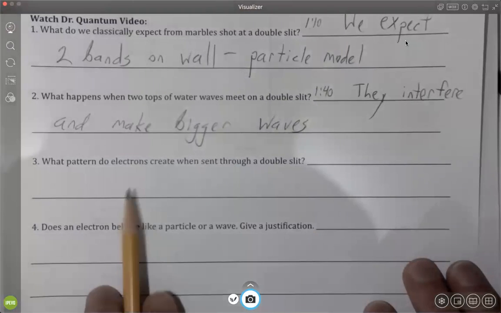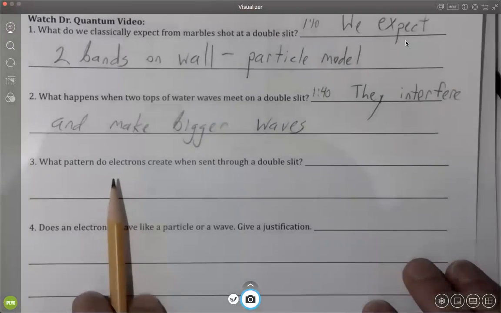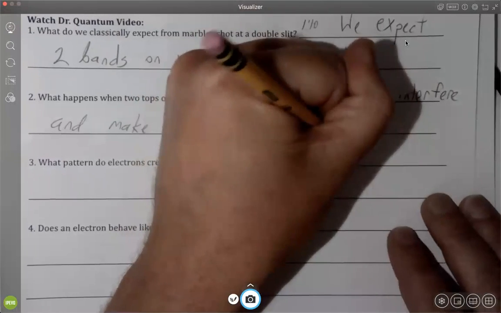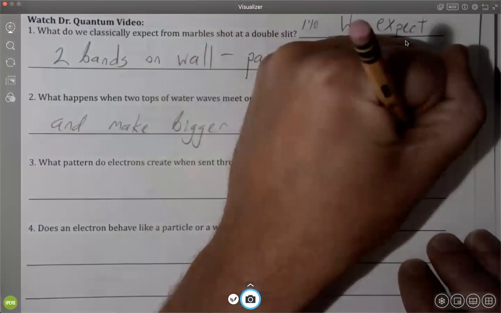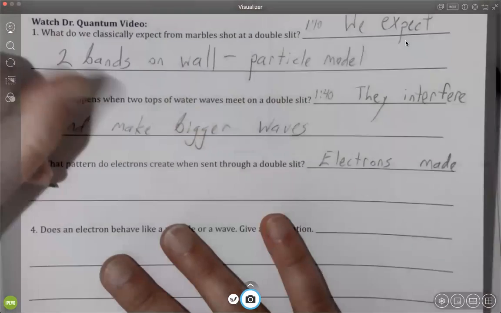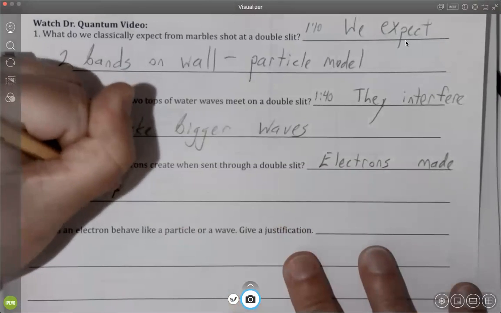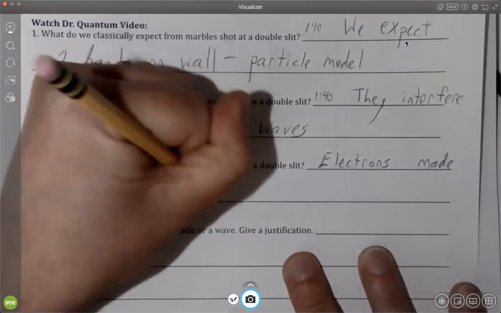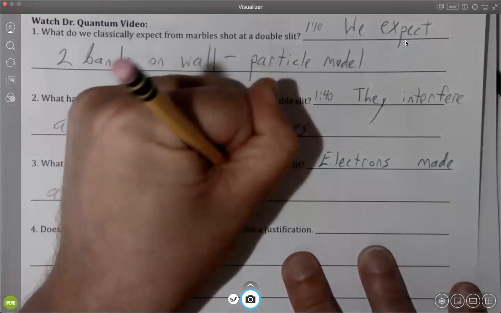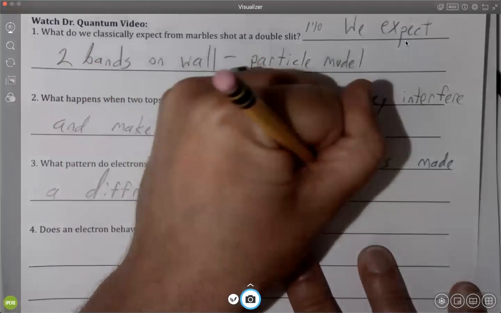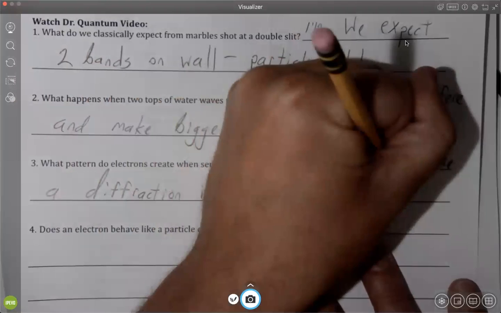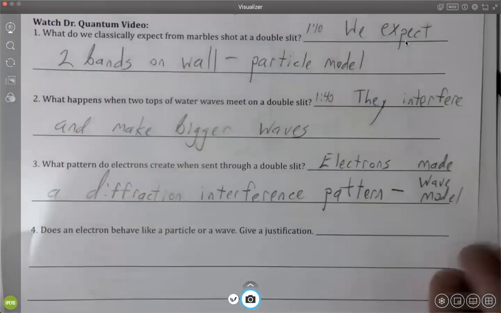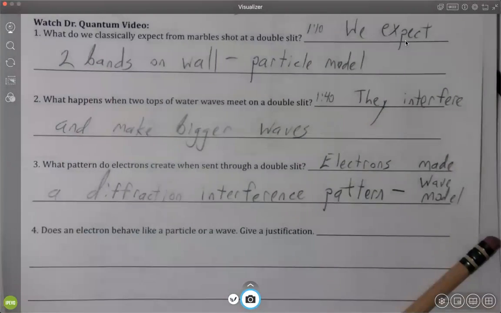So when they actually did send these electrons through that double slit, they made a diffraction interference pattern.